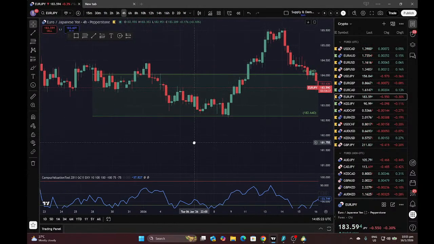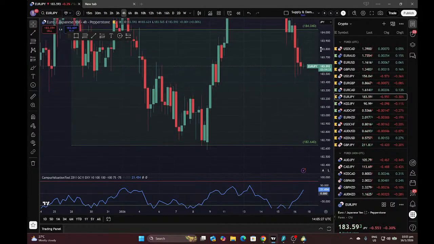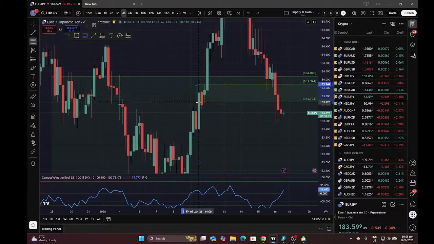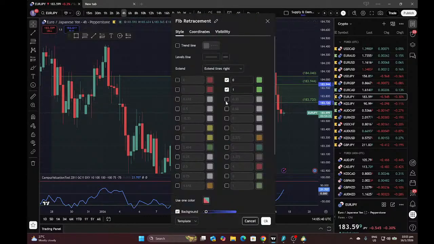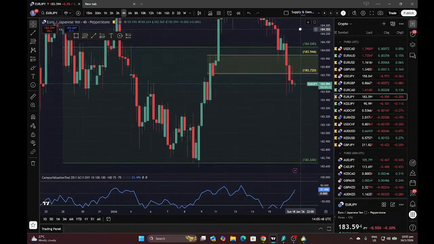Okay, so this is the 4 hours. In the 4 hour, what we have here is a drop base rally, which I would say is no longer valid. Then we keep looking down here.